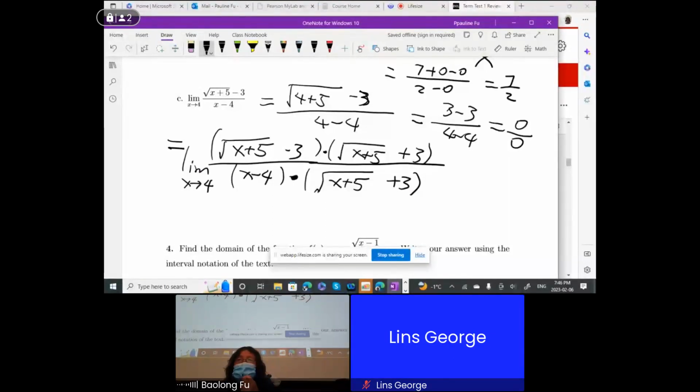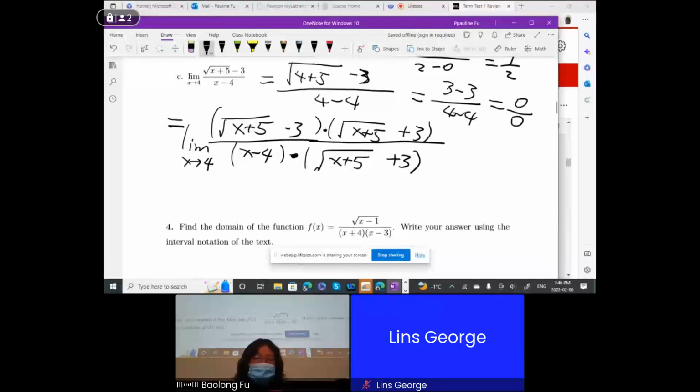Any questions? The reason I am doing this, can you hear me? The reason I am doing this, I want to get rid of the square root. So I simplify the numerator, I get x plus 5 minus 3 squared.